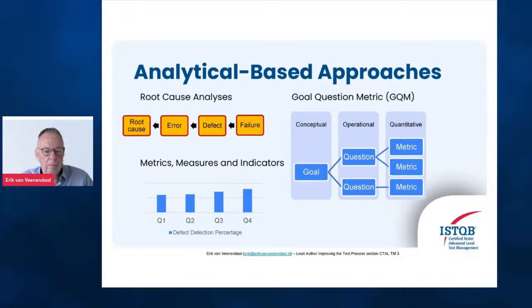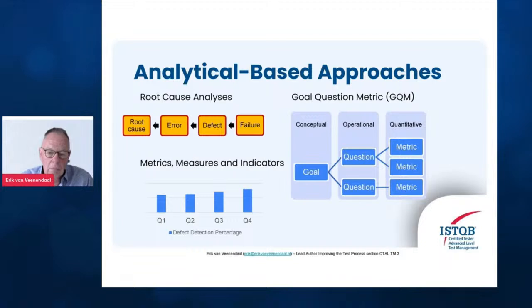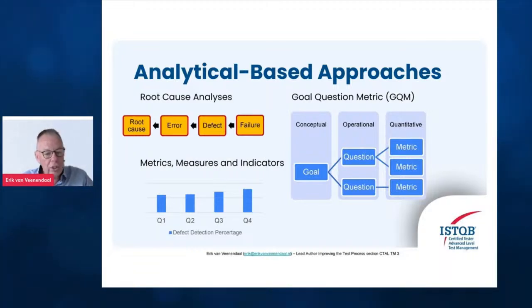How do we measure? Then measures is the real number, and indicator, what does it mean in a context? And finally, we also introduce GQM, the goal, question, metric approach, which is about how do we find the right metrics? We have knowledge goals, we have improvement goals, all these things we will cover in the course to give you an overview.